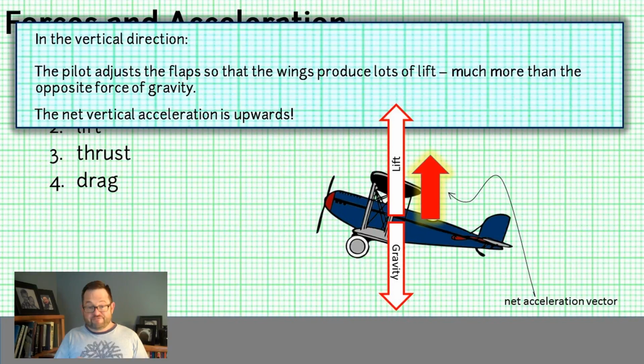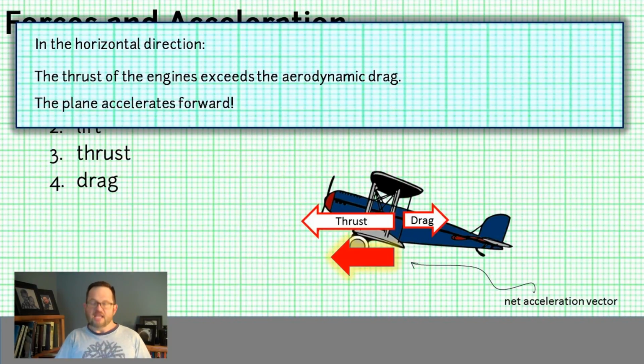When you add those two forces, there is a net force up because lift is greater than gravity. So the plane is accelerating upward. Now it starts off not moving very much upward, and therefore is getting faster and faster upward as it is going in ascent. In the horizontal direction, the plane is continuing to accelerate.